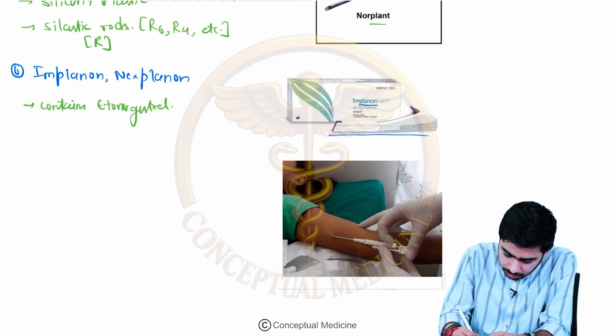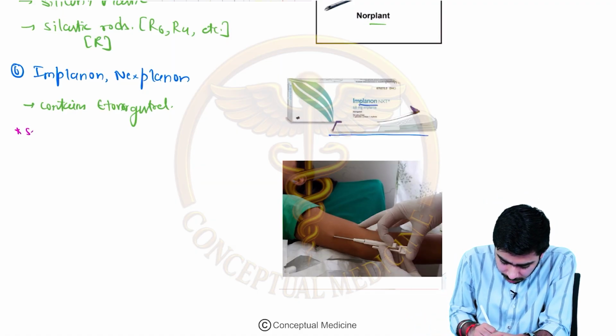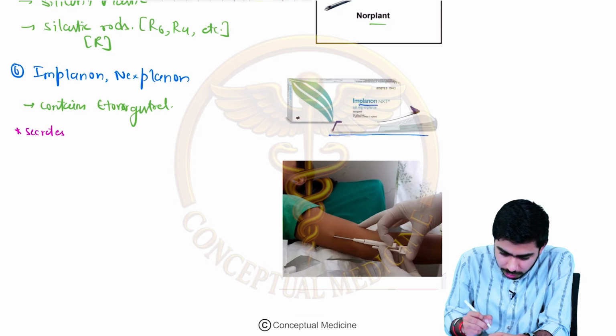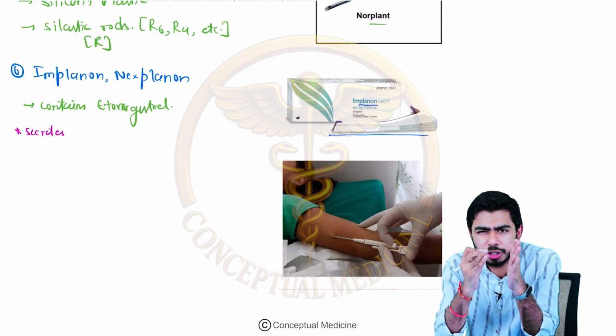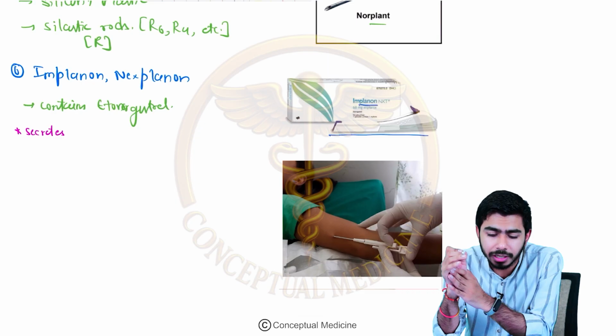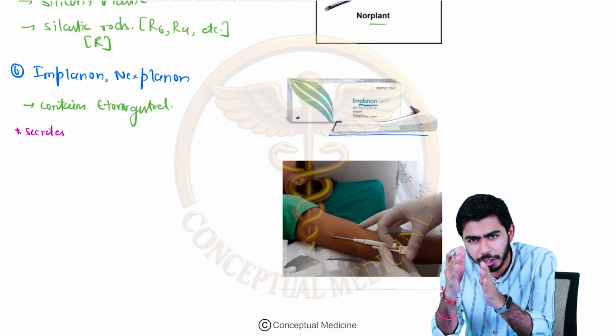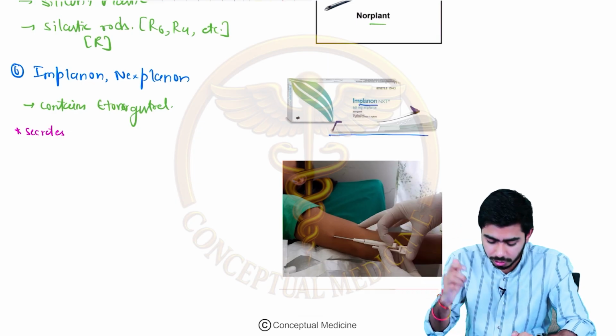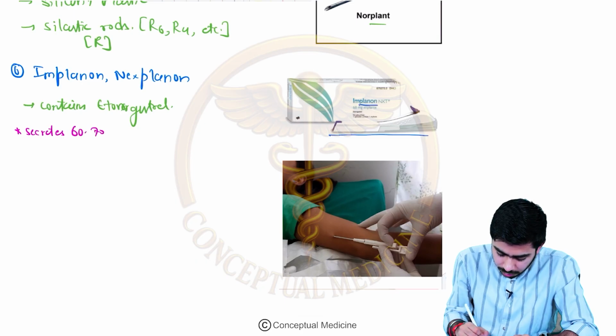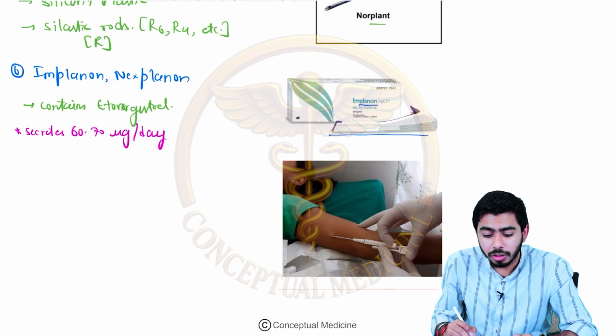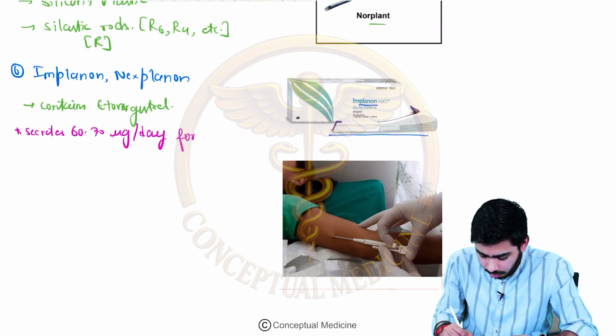Basically what it is doing is secreting this hormone at the rate of around 60 to 70 microgram per day, for about 30 to 60 days, that is 1 to 2 months.